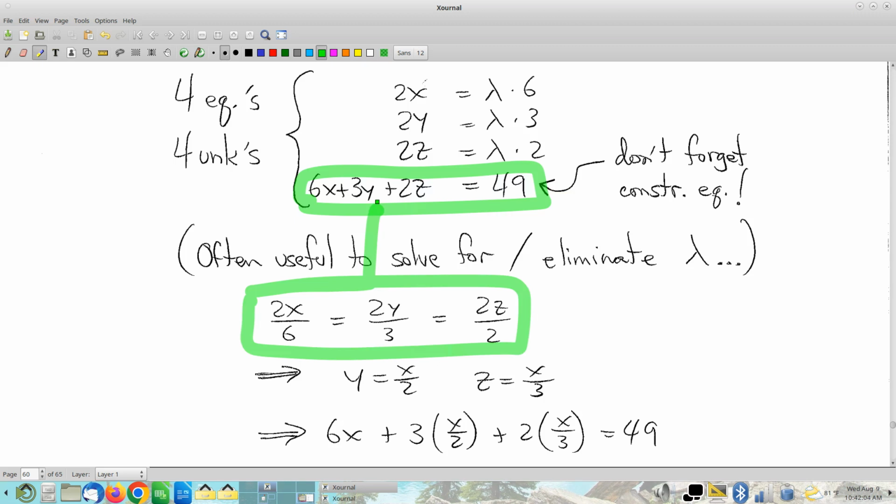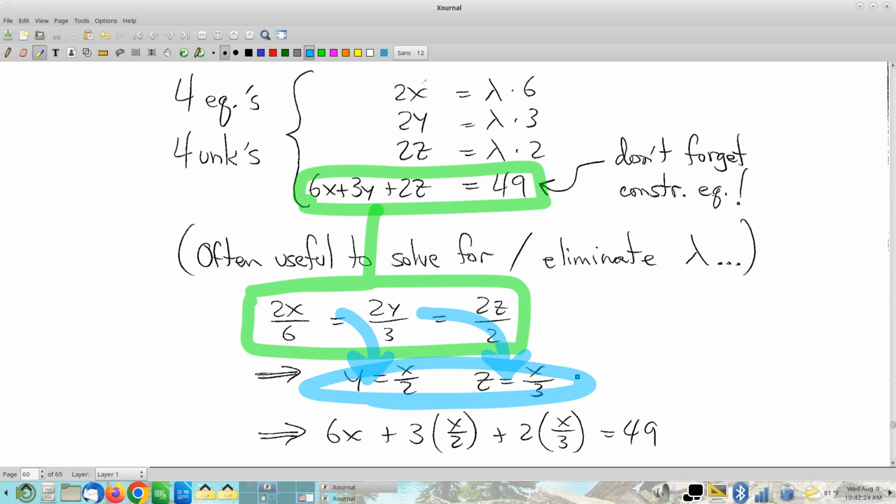Don't forget about our constraint equation, of course. But then I have just this trio of equations, and this isn't that hard to deal with. What I'm going to do here is solve for y and z in terms of x. So that gives me that, and that gives me that.